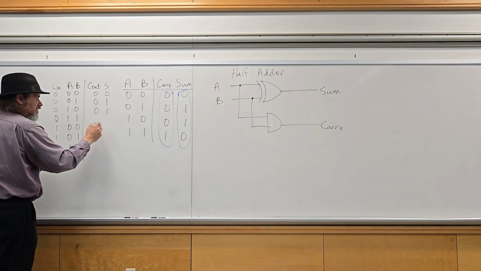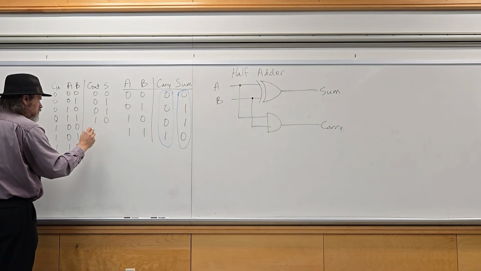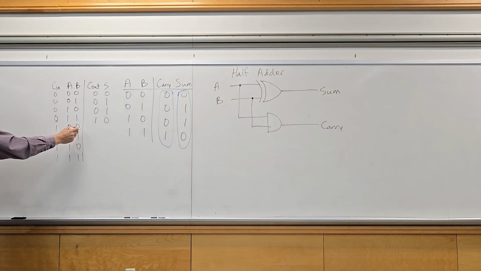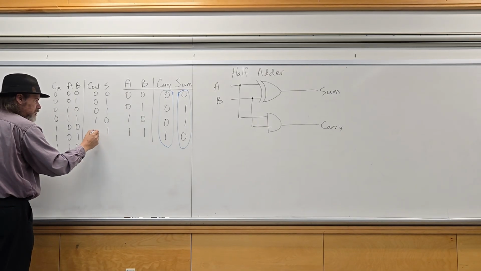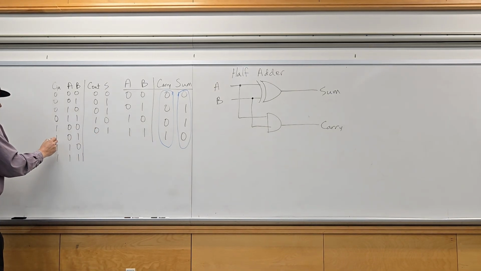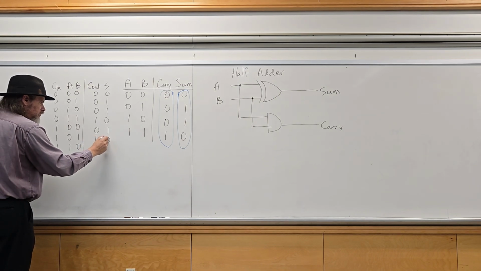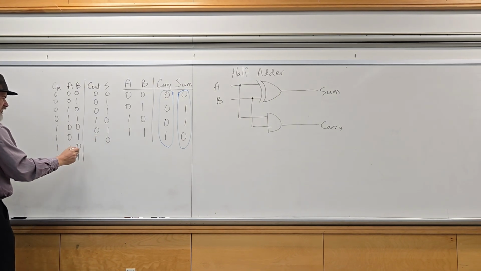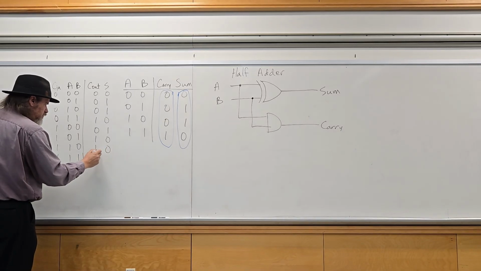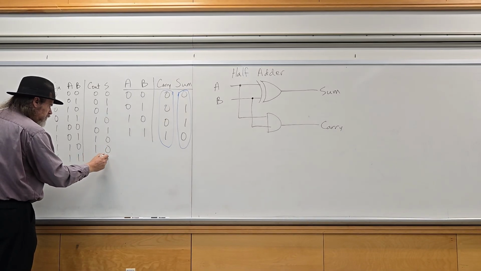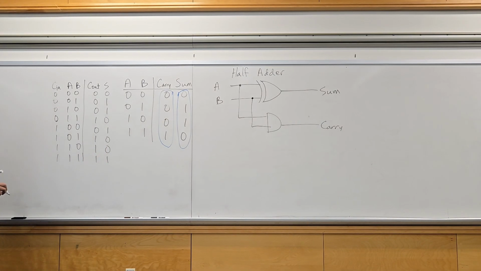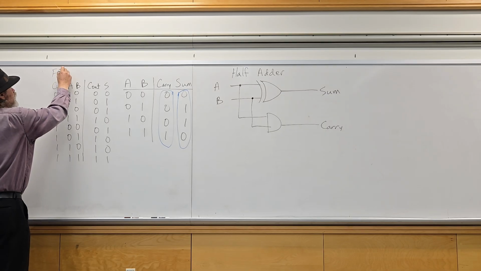Again, from over here is 1, 0. 1, 0, 0 is back to 1. 1, 0, 1. 1, 1, 0. And 1, 1, 1. So that's your state table for the full adder. And put that up here.